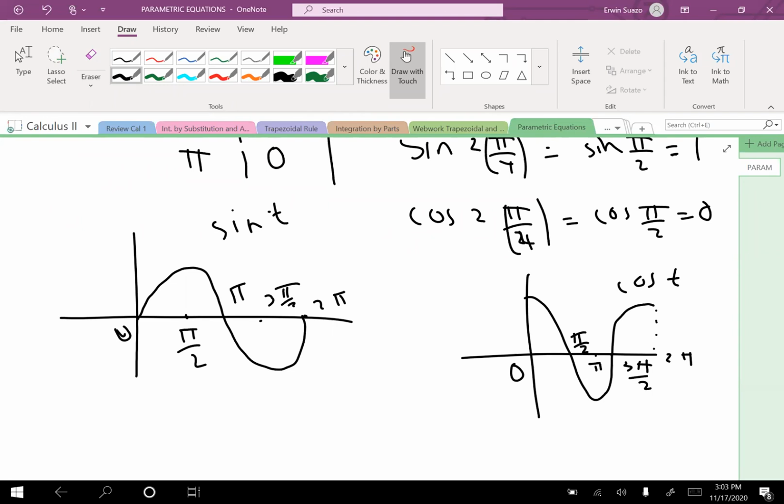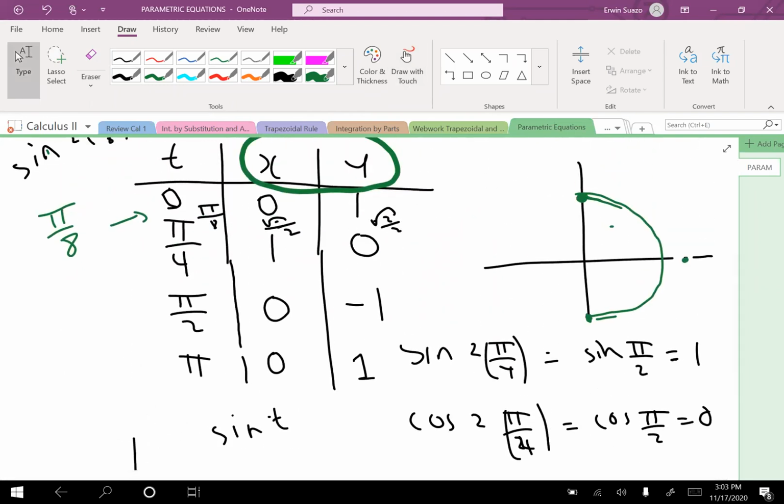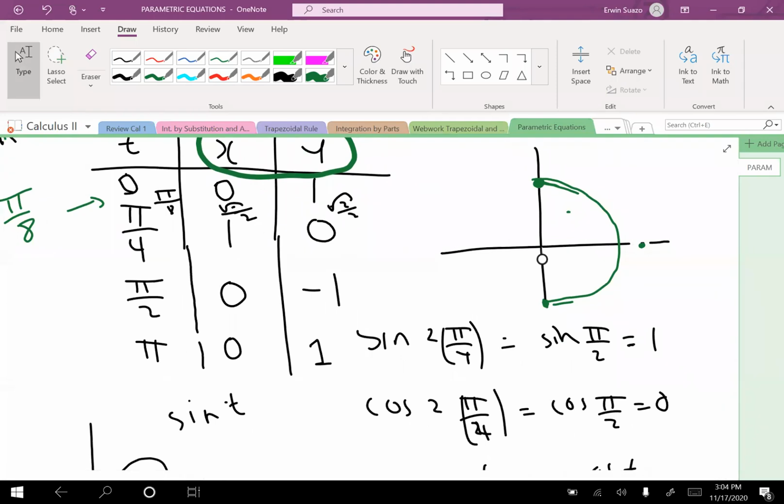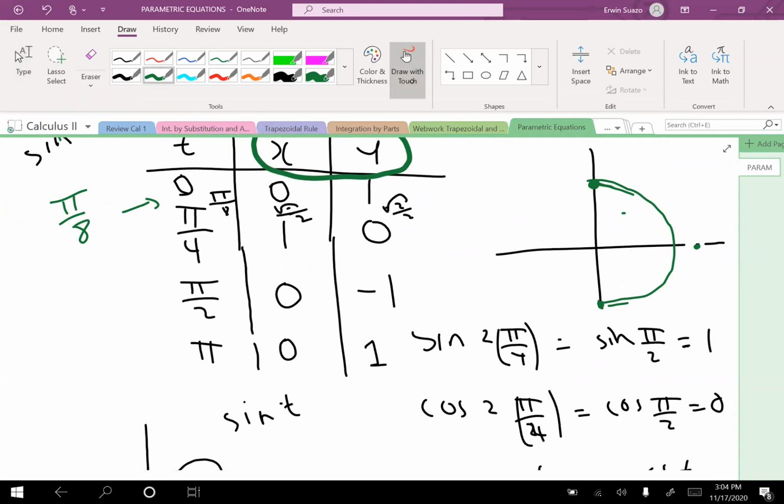Cosine of 2 pi is 1. So over here I go x 0, y 1. So I finish over here. It goes back to the initial point, you see?